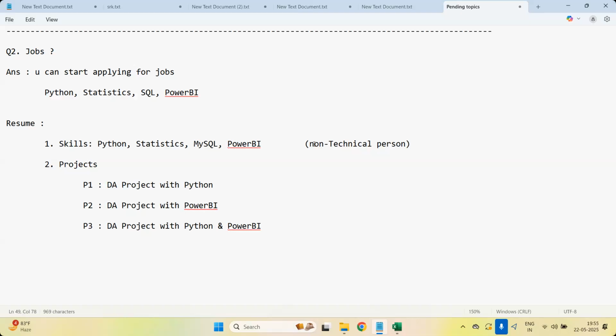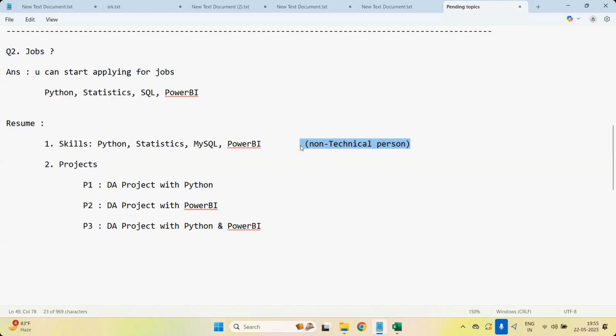So first, who is going to see your resume? Is a technical person going to see your resume or a non-technical person? First a non-technical person will see your resume and they'll shortlist. Your resume will get shortlisted by a non-technical person who doesn't have any knowledge of data analytics. How are these people going to shortlist?